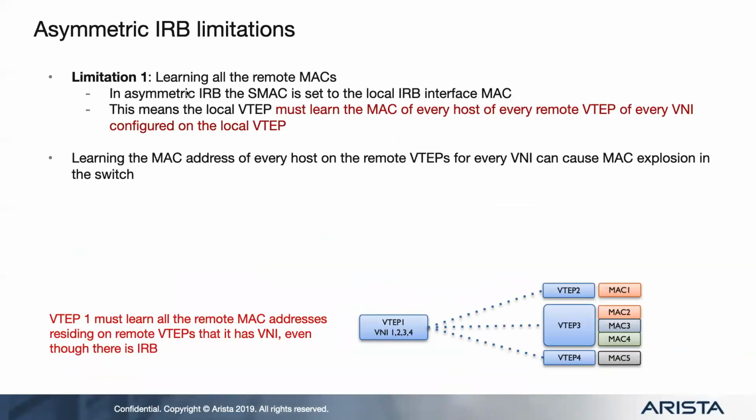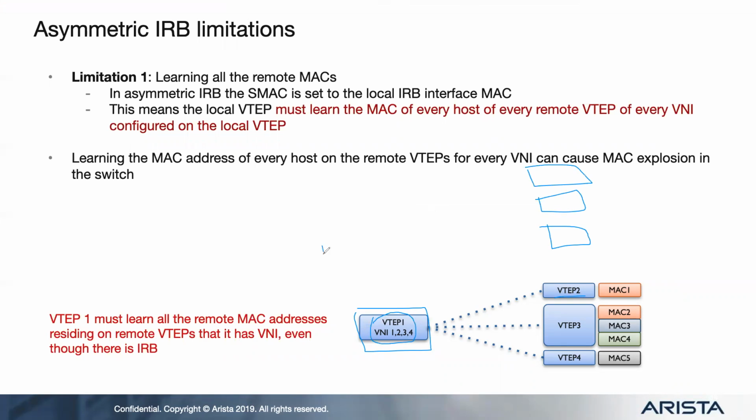One is the limitation of MAC exhaustion. See, this is your one VTAP. In your network, you have, let's say, 2, 3, 4, and up to 100 VTAPs. Let's talk about VTAP 1.